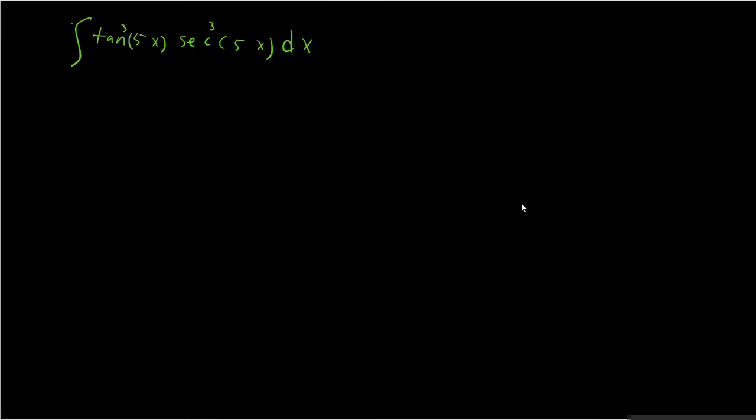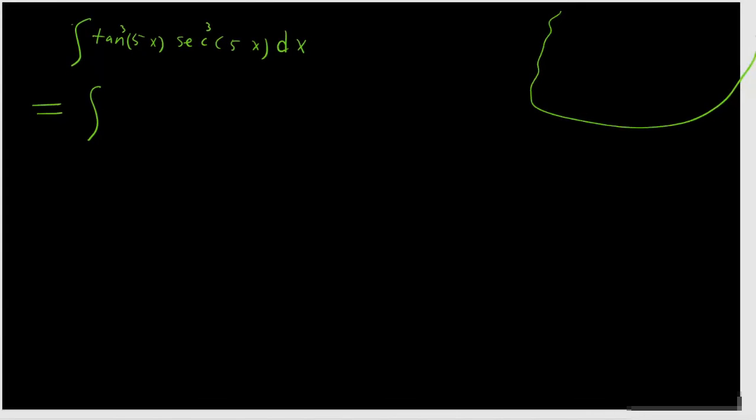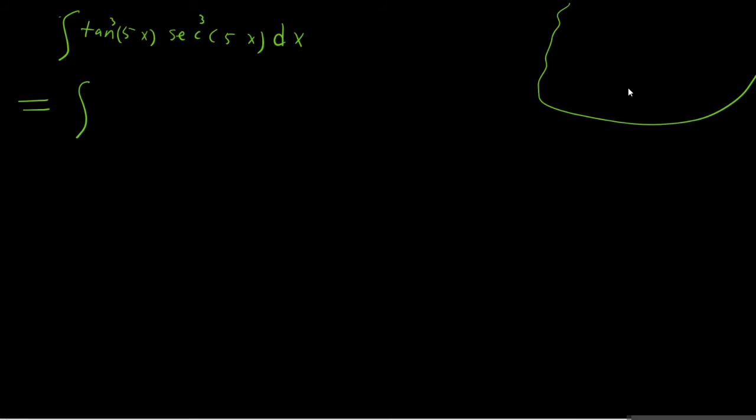Okay. The idea is to leave out a factor of secant tan. I did not say the functions. The full sentence is you leave out secant of 5x together with tan of 5x. What I meant is to rewrite the integral in the following form.